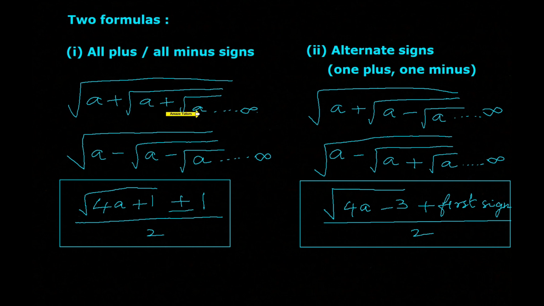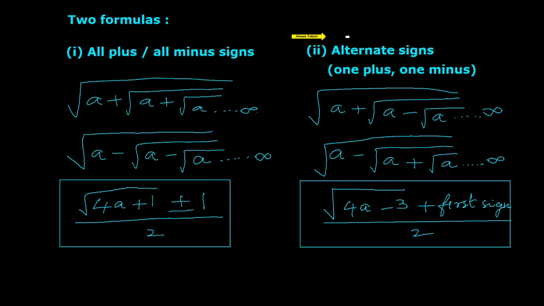When all the signs are plus in the question, please write only plus 1 here. If all the signs are minus in the question, please write minus 1 here. So that is why I have given plus or minus 1. I hope you understand. a is the given prime number. So this is the formula when all signs are plus or all minus. Write plus 1 if all of them are plus symbols. Write minus 1 if all of them are minus symbols.